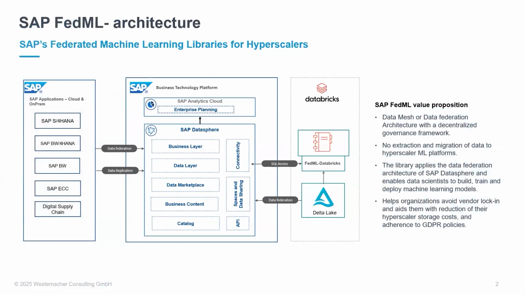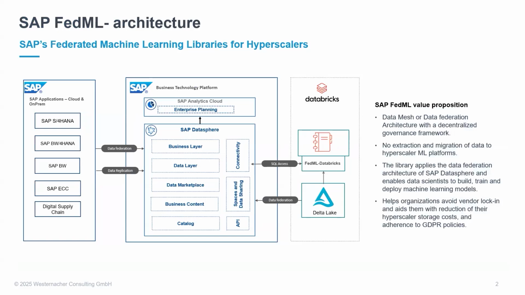This is the SAP FedML architecture introduced in the last couple of months. In the architecture, you can see SAP S/4HANA, BW, and all other SAP applications, cloud and on-prem, supplying data to SAP Datasphere. From SAP Datasphere, you can see it connected via the FedML library to Databricks.